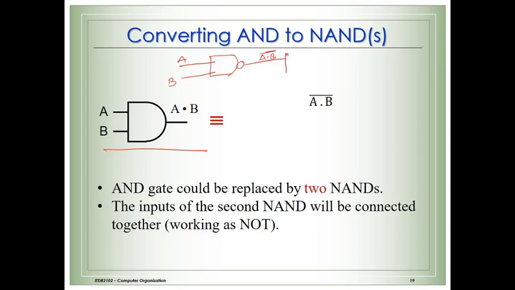But if we take another NAND here, and this output is the input for both operands, for both lines, then what will be the output? (A and B) NOT, and its whole NOT, right?